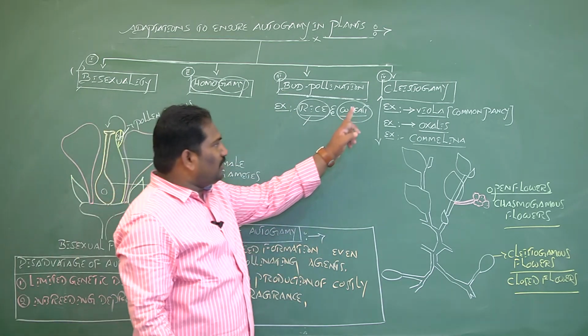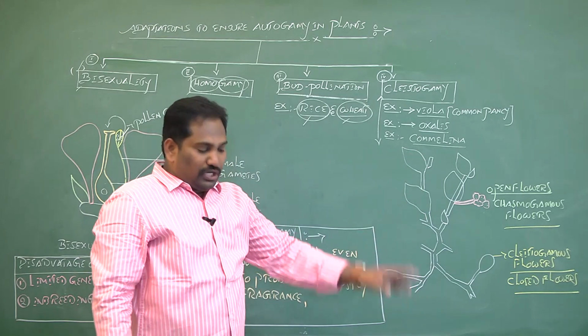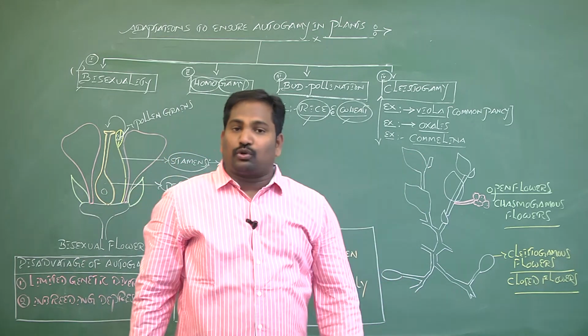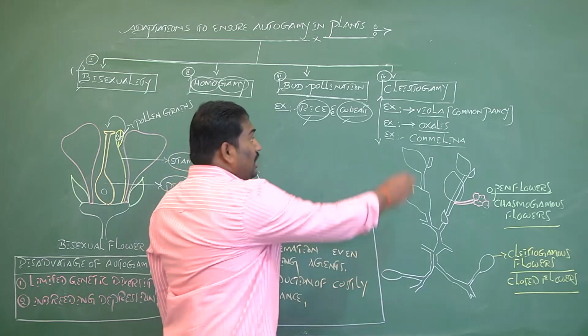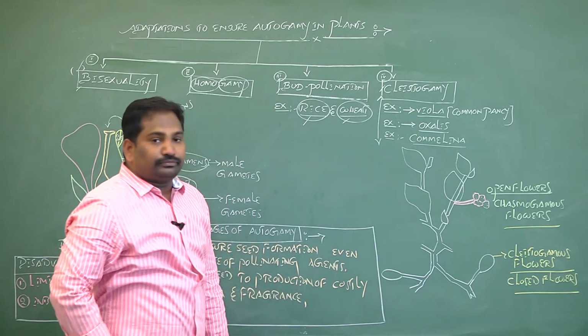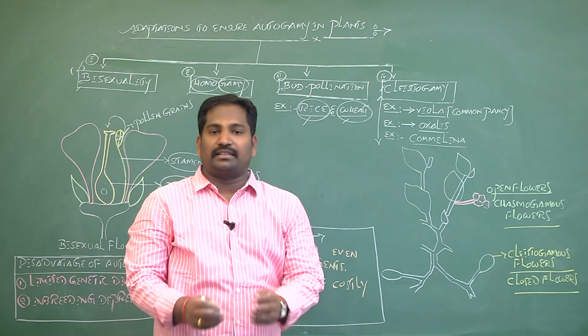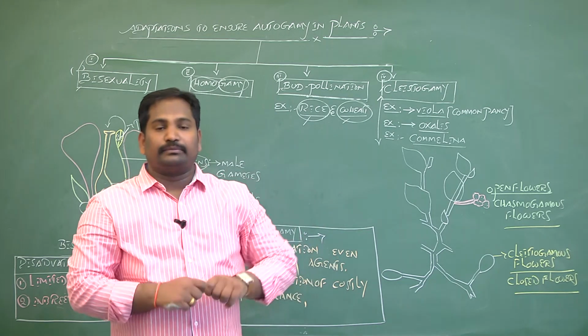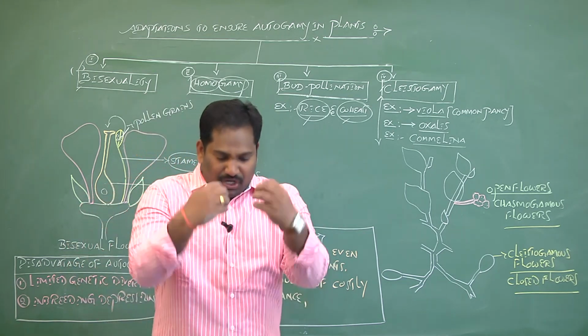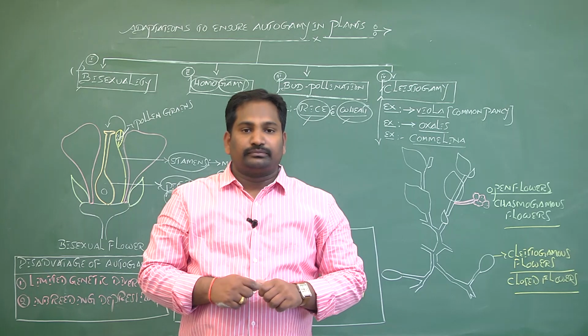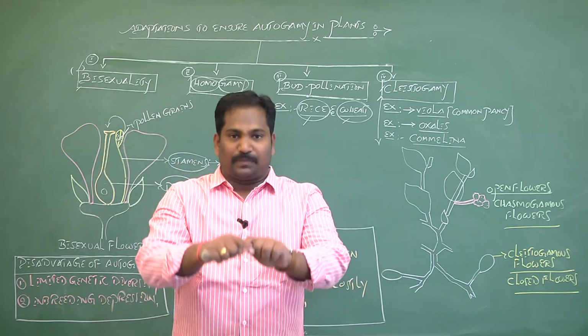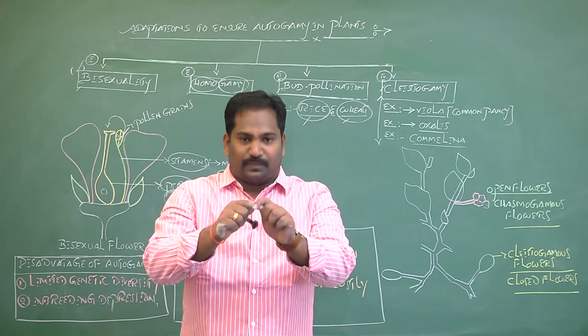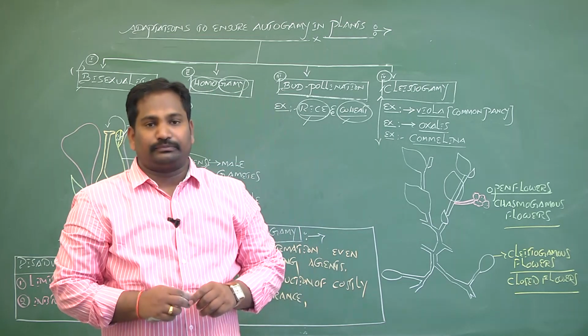The last and final adaptation to ensure self-pollination or autogamy in plants is cleistogamy. According to the Greek language, cleisto means closed. When a flower is not open, if self-pollination takes place in a closed flower.